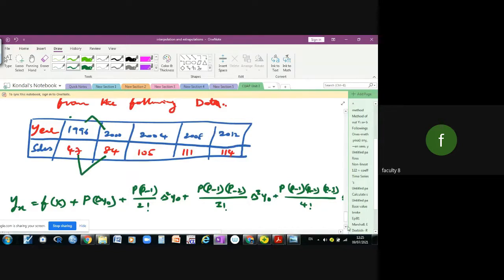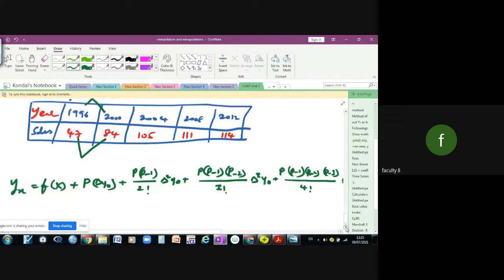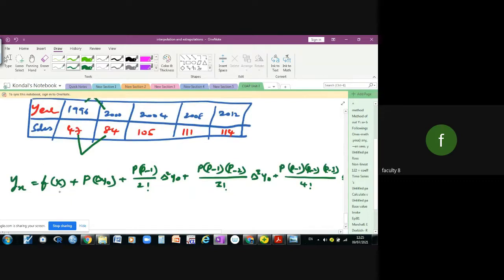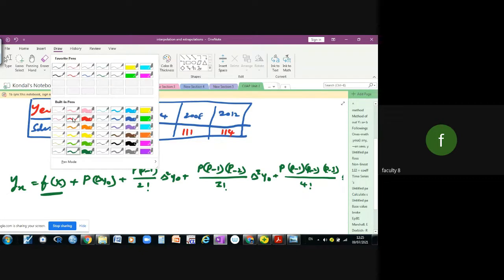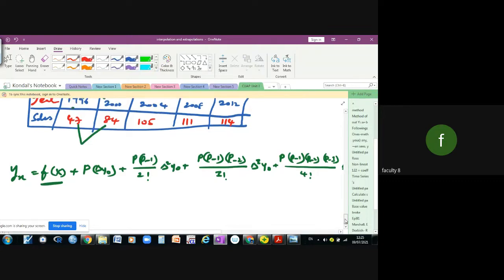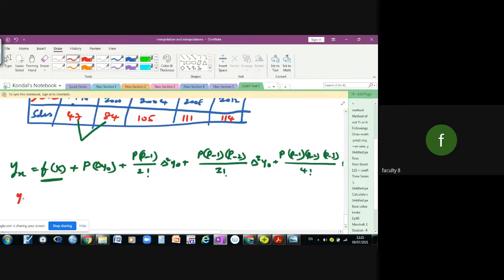So here we have the doubt, what is f of x? Before processing this delta y0, delta 2 y0, we need to write this data in a systematic manner. See how we are going to write. We should write like this. Year, sales.